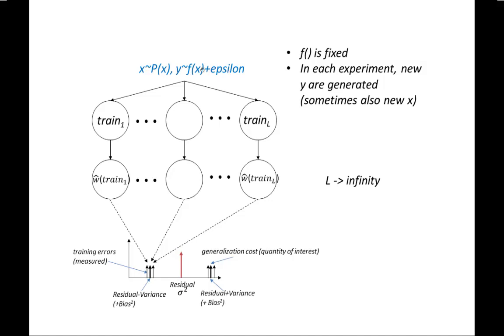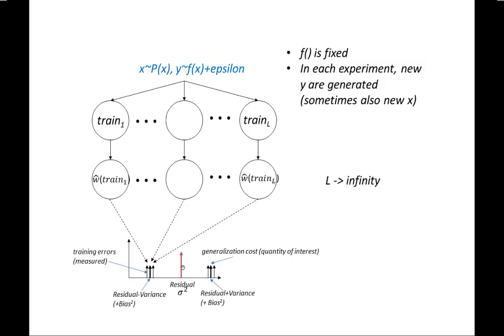Then in the frequentist analysis, we assume that at least conceptually we have many training data sets available of the same size. In practice, of course, we have only one. So we have one training data set. We estimate the parameters in the model based on the training data set once, and then we get one point over here. So this is the size of the generalization error or the training error.